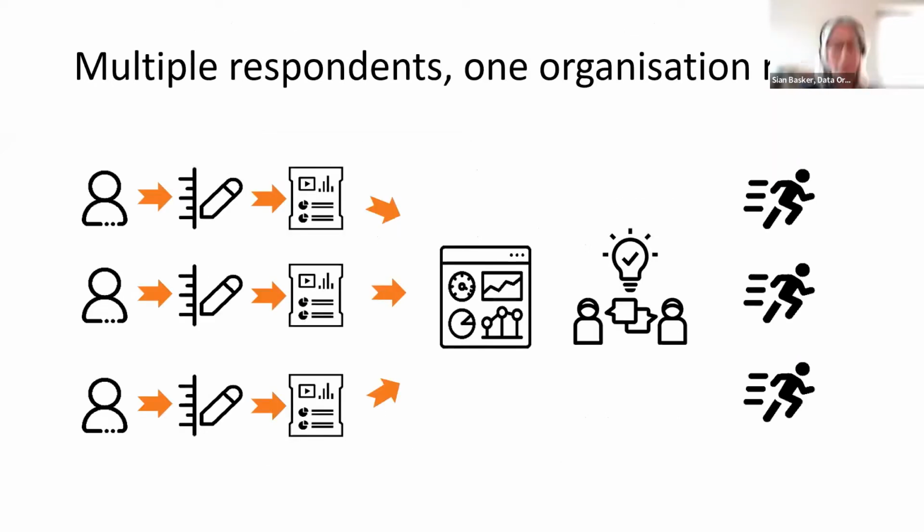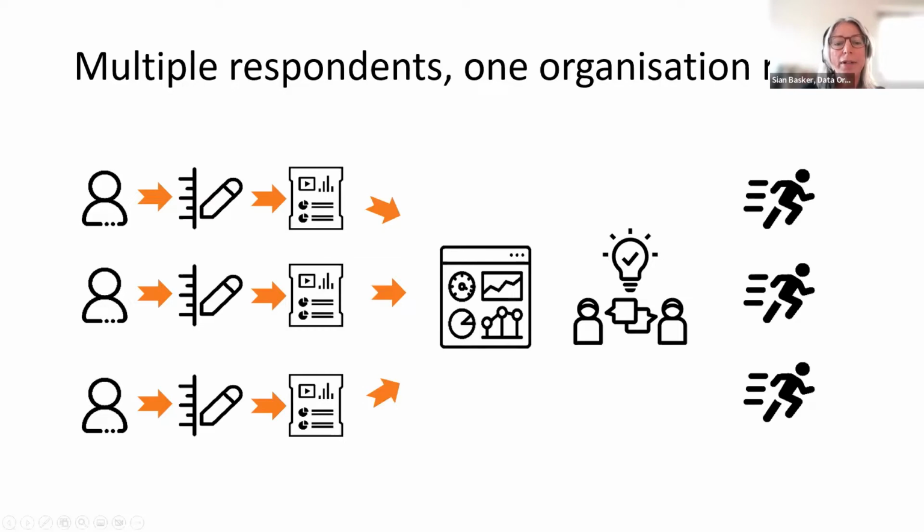With the multiple respondent version, lots of people fill in the assessment. They get their own reports on how they personally scored the organisation, but all of their results get combined into one overall organisation report, with the idea that multiple people in the organisation get to start talking, and then you've got collective action to improve.